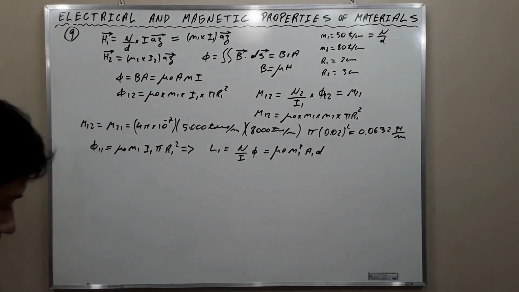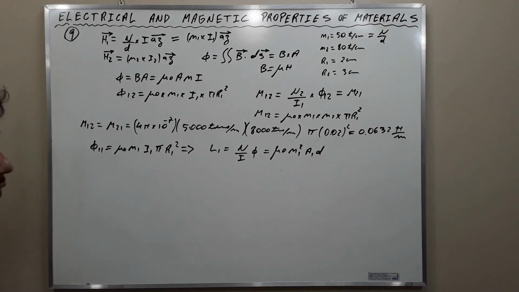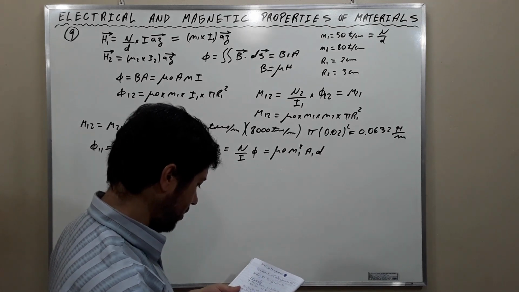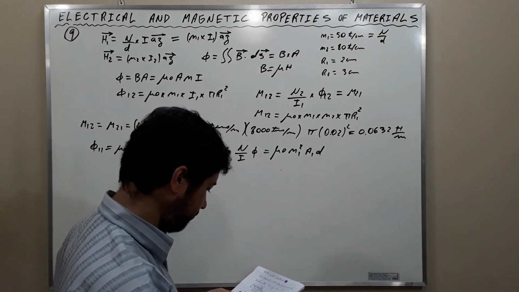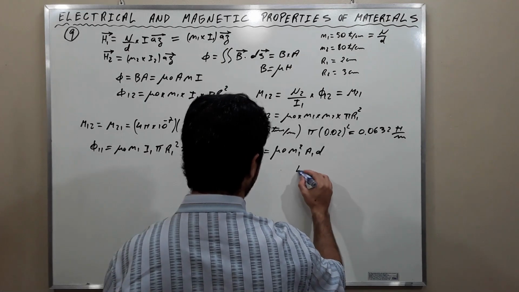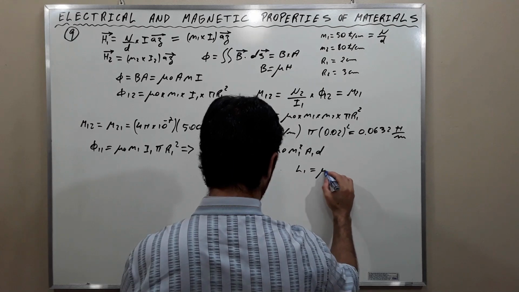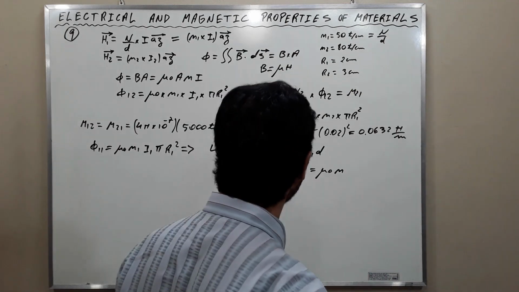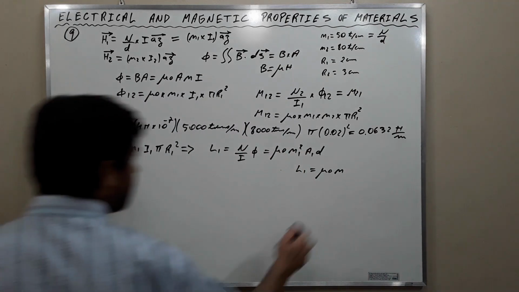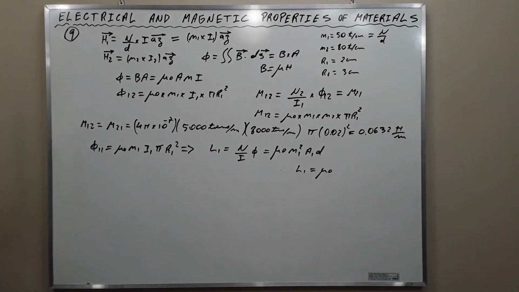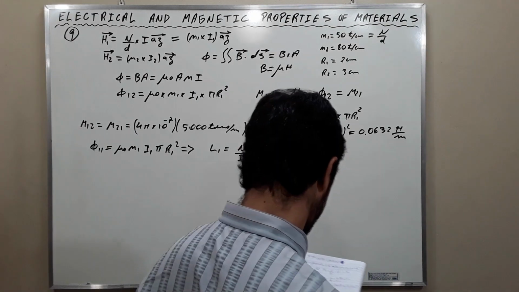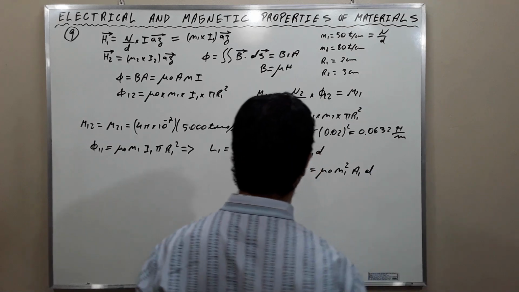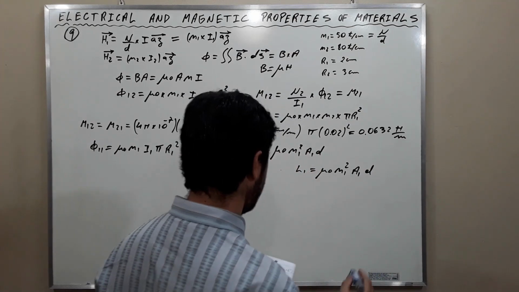But if we want the inductance per unit of length, we divide this per meter, and we find that L1 is equal to mu 0 N1 squared A1, in Henry per meter.